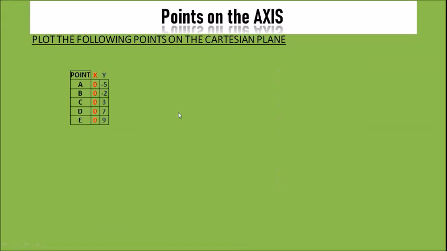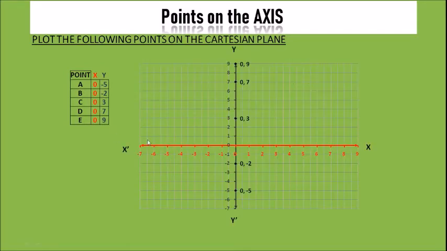Let us see now set of these points, how would they appear on the graph. So in the same manner, we made the Cartesian plane, and in this Cartesian plane, we see the point 0 comma minus 5 right here, 0 comma minus 2 right here, 0 comma 3 over here, 0 comma 7 over here, and 0 comma 9 over here.